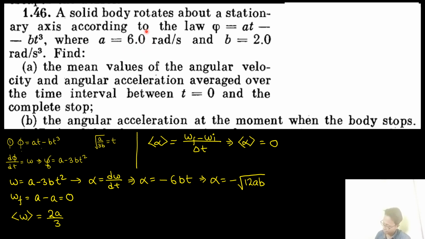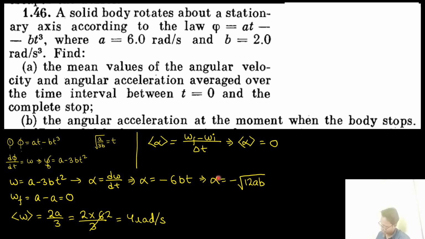Now let us substitute the values. a is equal to 6 radians per second. So here, average angular velocity is equal to 2 into 6 by 3, which is 4 radians per second.